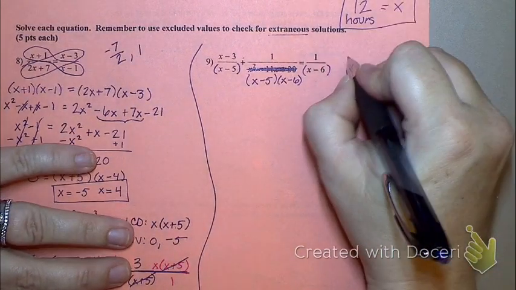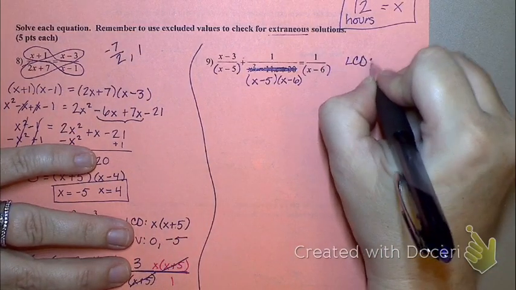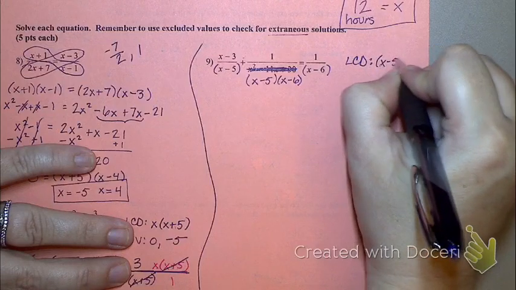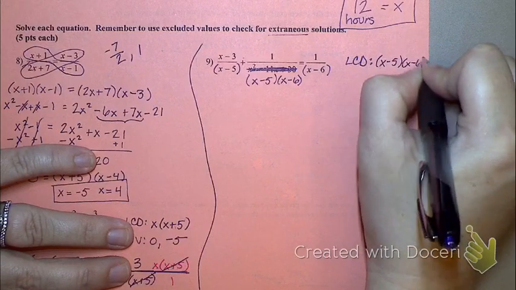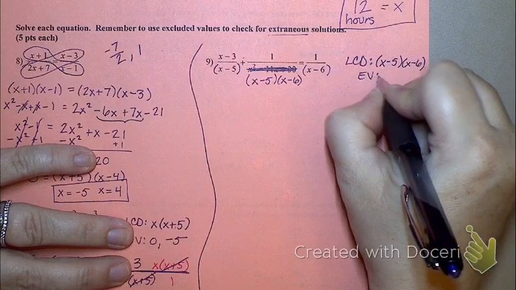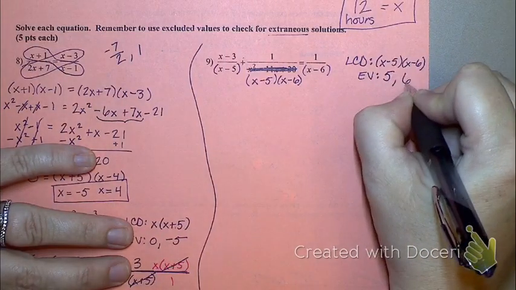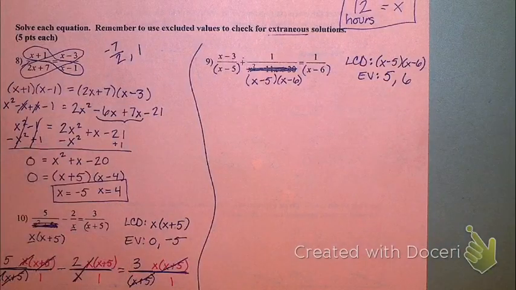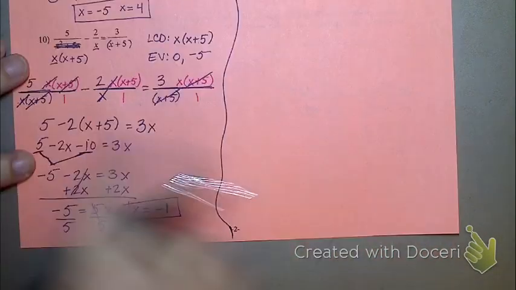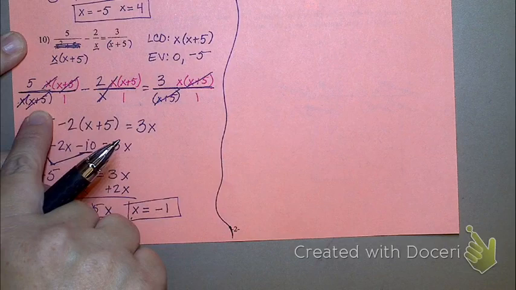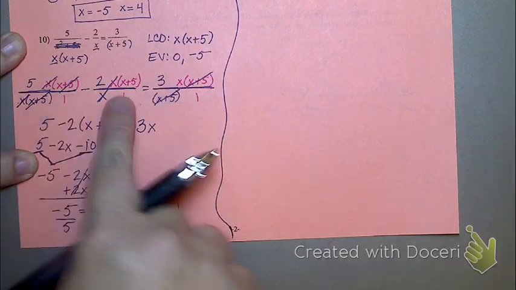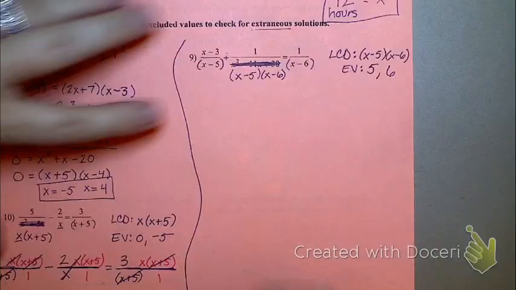Okay, so what's my LCD? X minus 5, x minus 6. What are my excluded values? Positive 5 and positive 6. All right, so now I'm going to do that step right here where I'm going to write the equation with those awkward spaces that I can fill in with the LCD over 1.